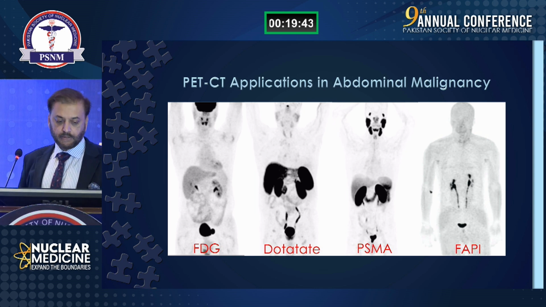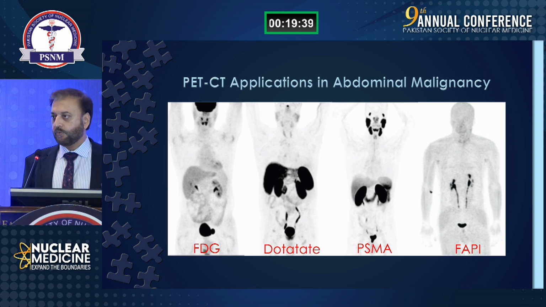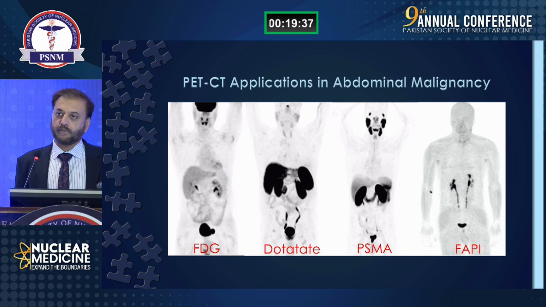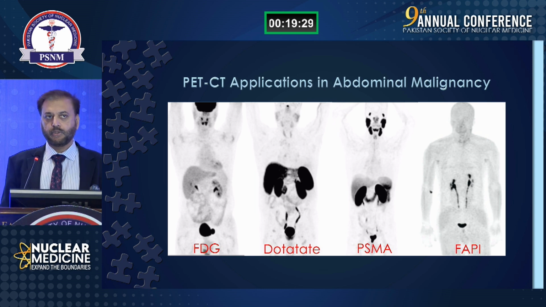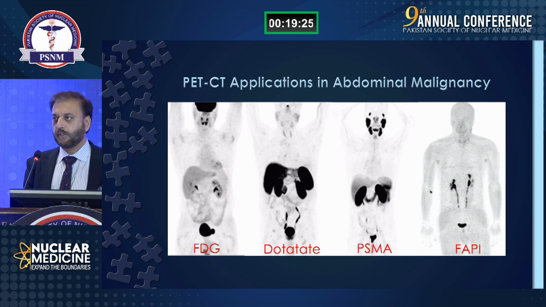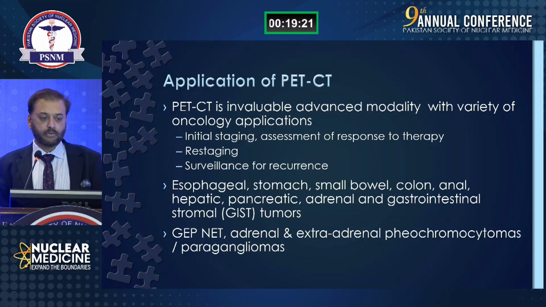So here we can see that FDG PET, which has been in use for many years, is identified as one of the most approved clinical guideline applications for abdominal malignancies. We will be touching upon the use of dotatate, PSMA and FAPI as well, but I won't be talking much about these in this talk today.